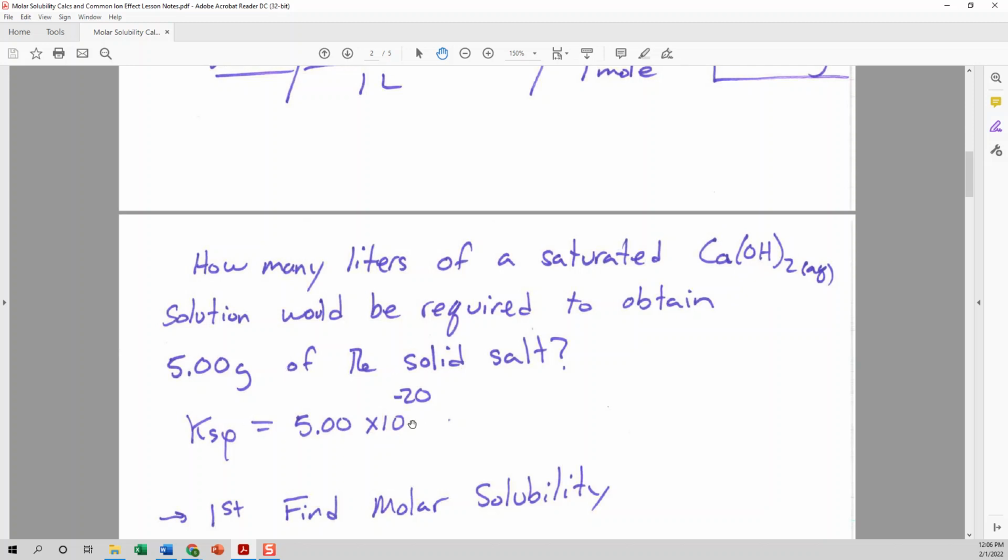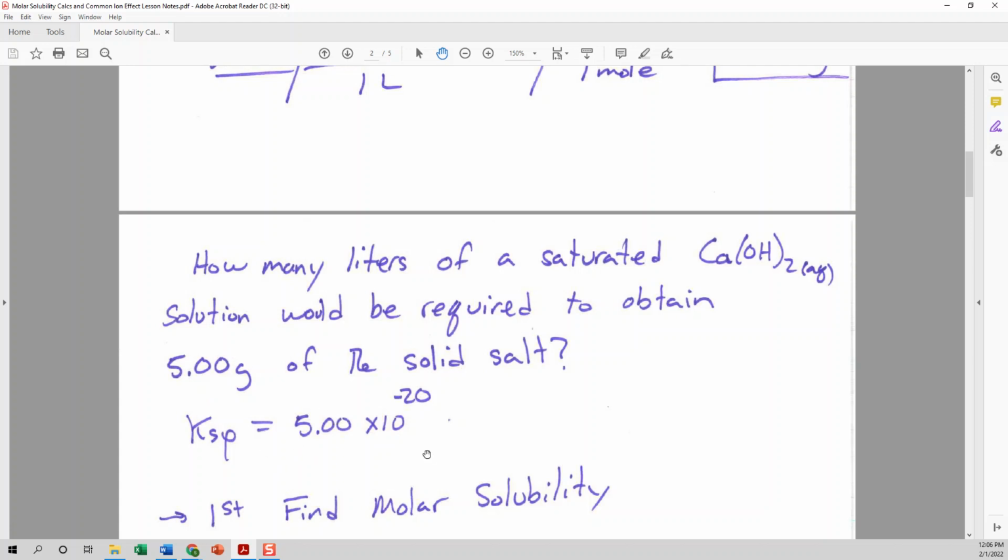If we look at the KSP given, that's a very low KSP, so this is not very soluble. That means a saturated solution of calcium hydroxide doesn't have much of it, so it's probably going to be a large volume. We're probably going to need a lot of liters of this solution to get just 5 grams of the salt. But let's do the calculation.